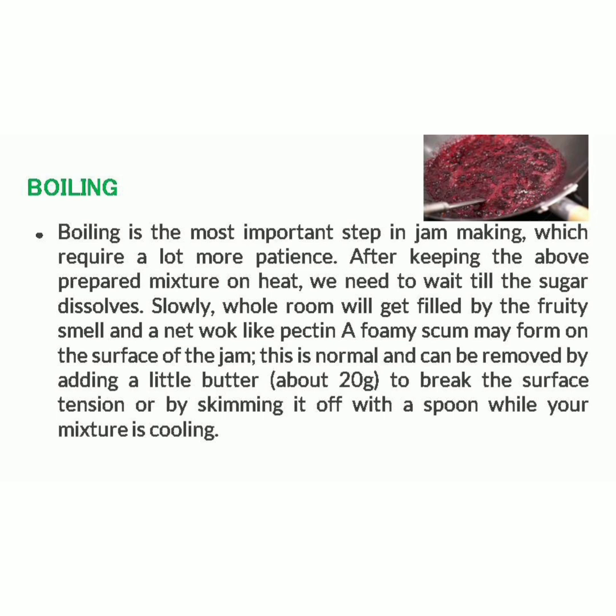Slowly, the whole room will be filled with the fruity smell and a network-like pectin forms. A foamy scum may form on the surface of the jam. This is normal and it can be removed by adding a little butter to break the surface tension, or by skimming it off with a spoon while the mixture is cooling.